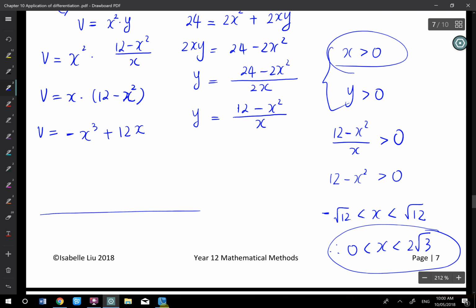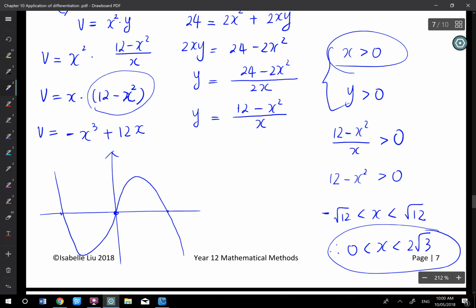And this is a cubic graph. If we factorize that, it's square root 12 plus x and square root 12 minus x. If square root 12 is here, and we have x equals 0 as well, negative shape.